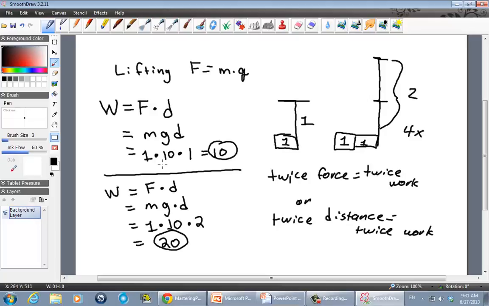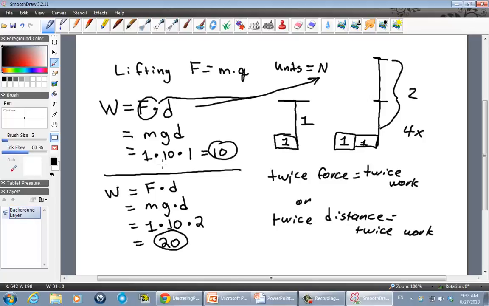By the way, if we look at our units here, the units of force are newtons. So that's this one. That's our units of force, and those are newtons. Our units of distance are meters.